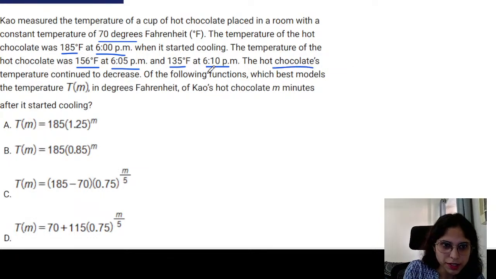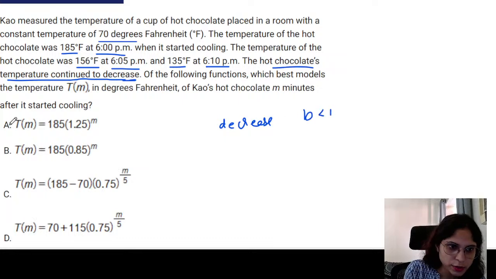The hot chocolate's temperature continued to decrease. Which of the following best models the temperature in degrees Fahrenheit of Cow's hot chocolate m minutes after it started cooling? Because it is decreasing, your factor is going to be less than 1, so this option is already gone.